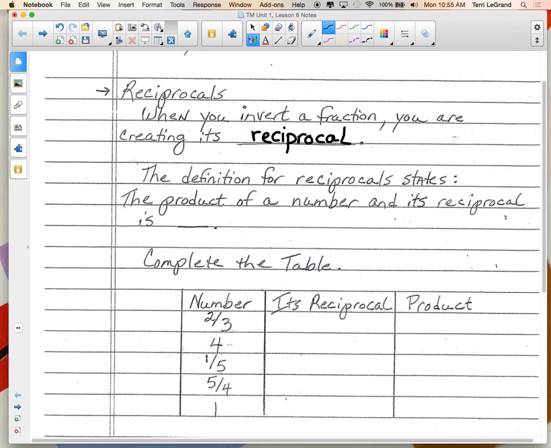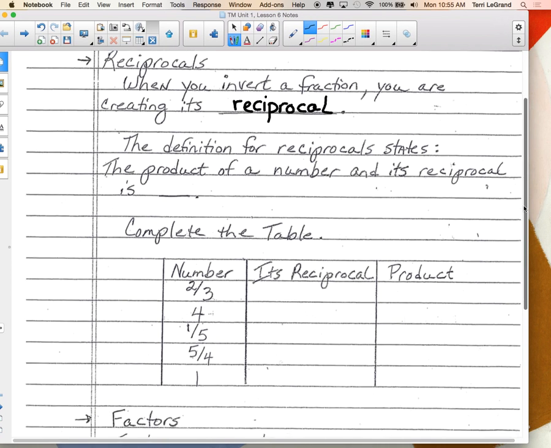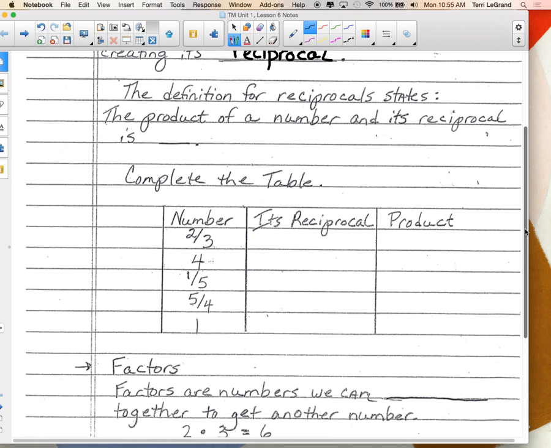Well, here's the mathematical definition for reciprocal. The definition states that the product of a number... what does product mean? What happens when you get a product in math? What operation happens? Addition, subtraction, multiplication, or division? Go ahead, class. Give it a stab. What do you think?